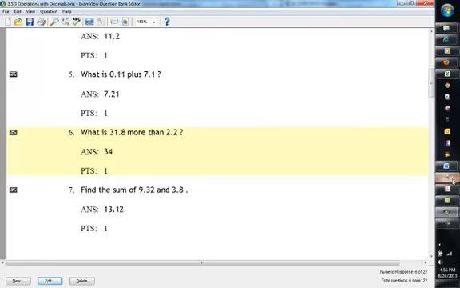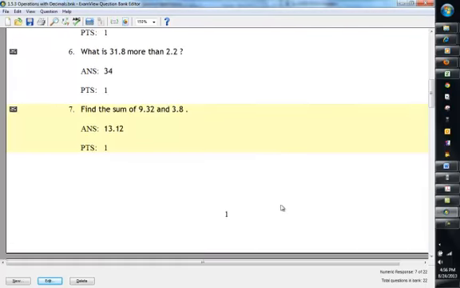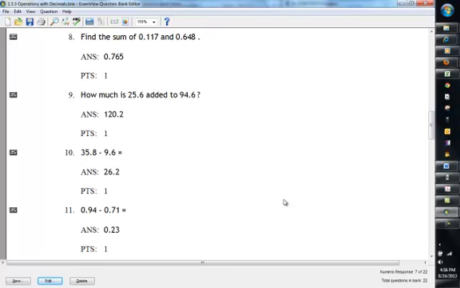More than, remember, the than switches the order, 2.2 plus 31.8, more is add, and we get 34. 9.32 plus 3.8 is 13.12. Find the sum, that's add.